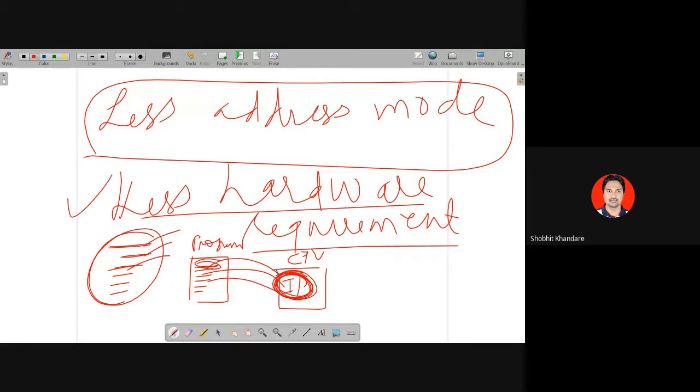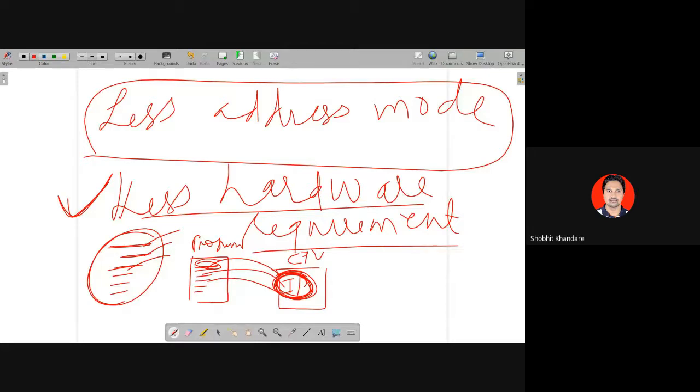That is why the hardware requirement will be less. Okay, so this is the reason. Because of simple instructions, your binary decoding will be less, and to decode that binary code, processing time will be less.